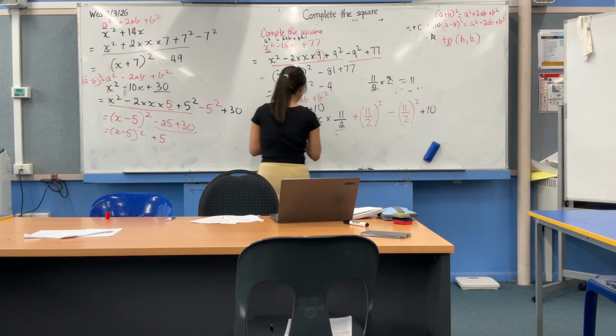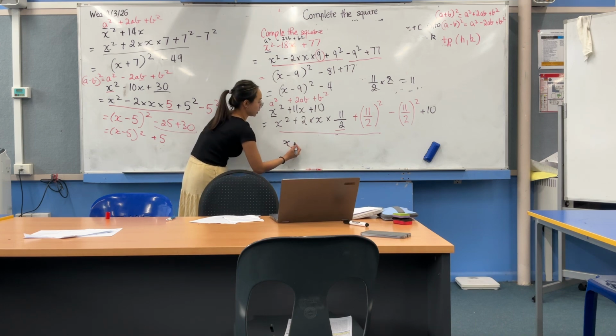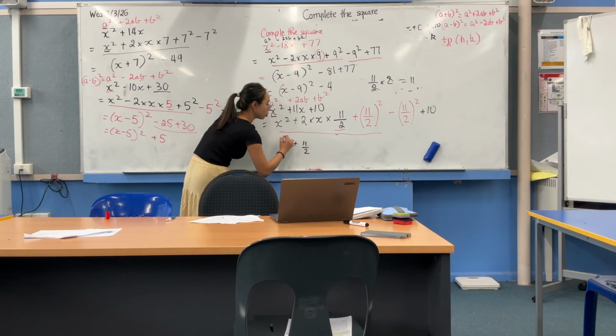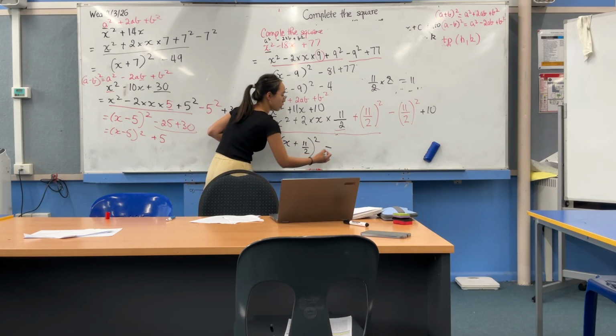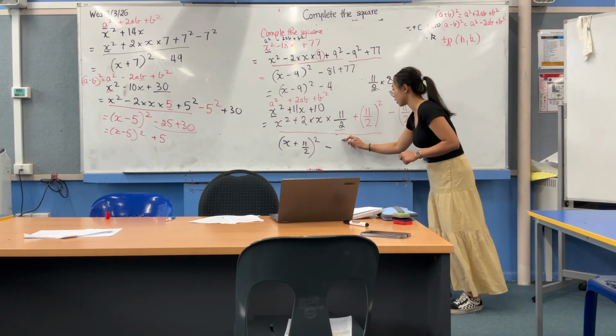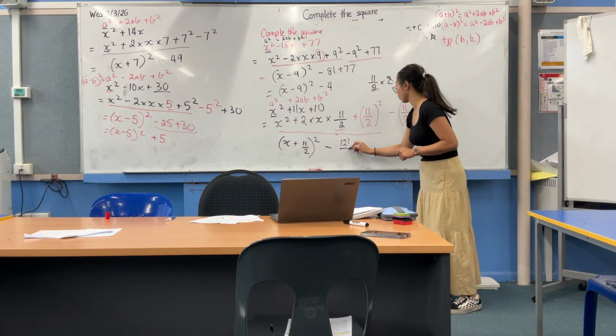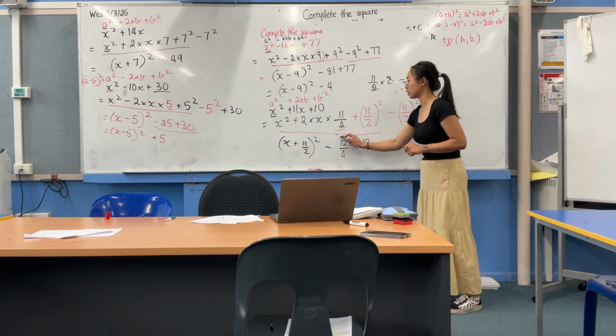Alright, let's complete the square. This part here is my perfect square, so we have (x plus 11 over 2) altogether to the power 2. And then minus, we have to expand this out, 121 over 4, plus 10. You've got to simplify this part.